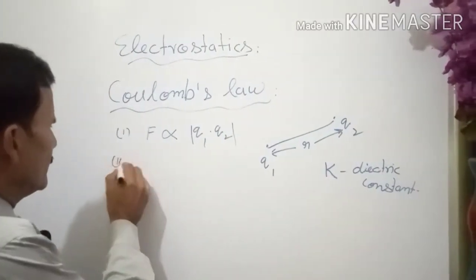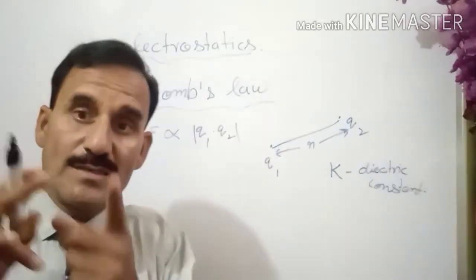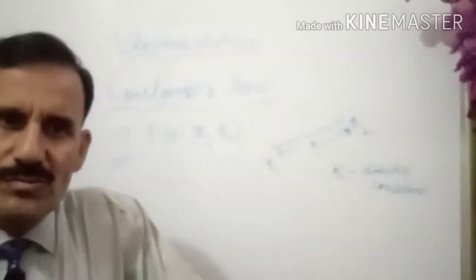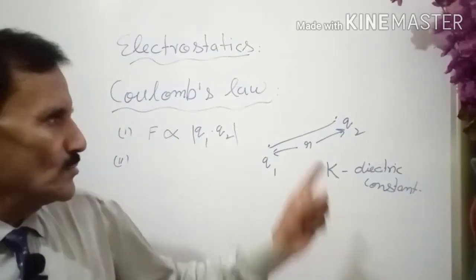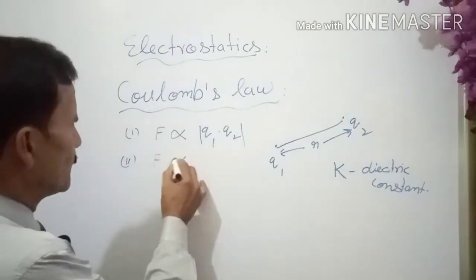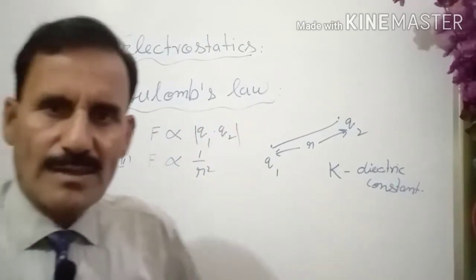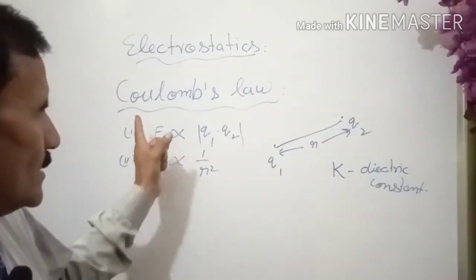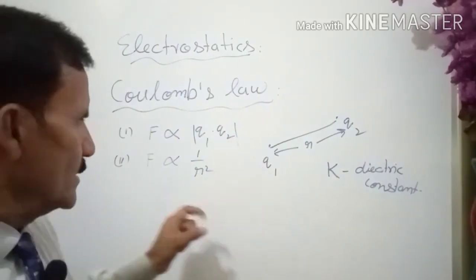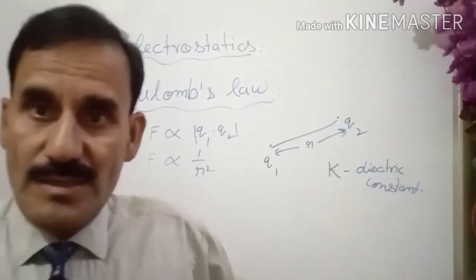In the second law, he took the inverse square law: the force is inversely proportional to the square of the distance between them, so F is proportional to 1 upon r square. So you can write F is proportional to the product of the charges, and F is inversely proportional to the square of the distance between them.